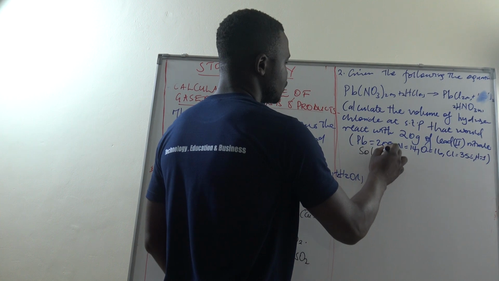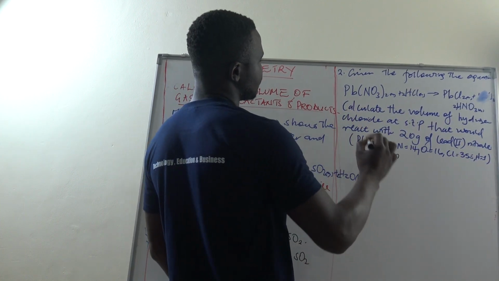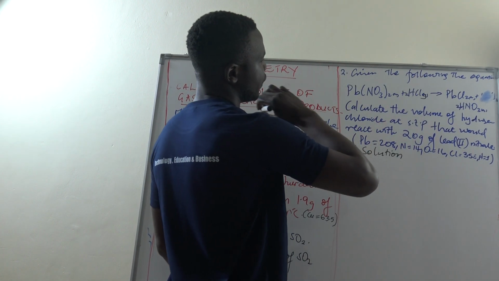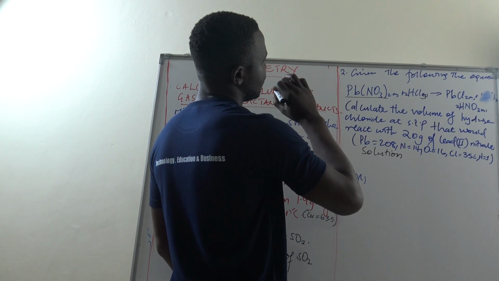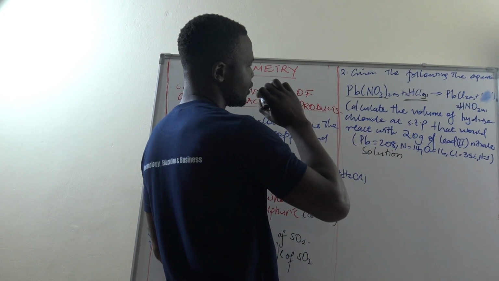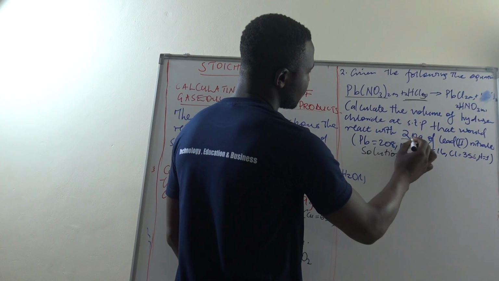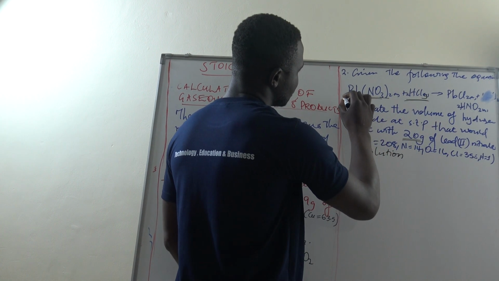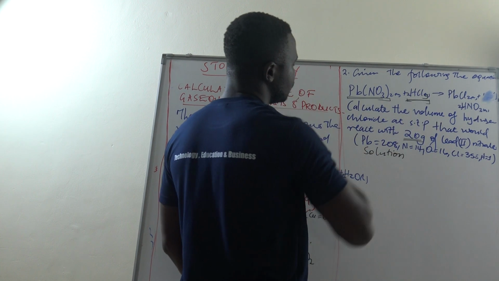Let's look at the solution. Before we answer, we should look at the interpretation. Which interpretation is working for us? Hydrogen chloride is a gas. So this is lead 2 nitrate reacting with hydrogen chloride gas. They are saying calculate the volume of hydrogen chloride that would react with 20 grams, meaning we are interpreting this question in terms of mass in relation to volume.